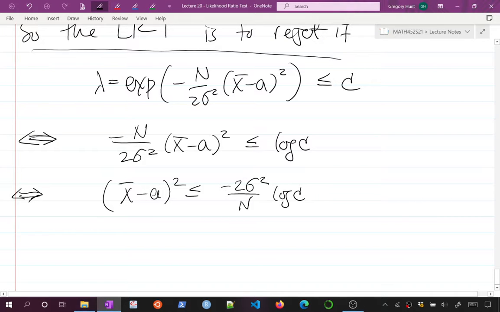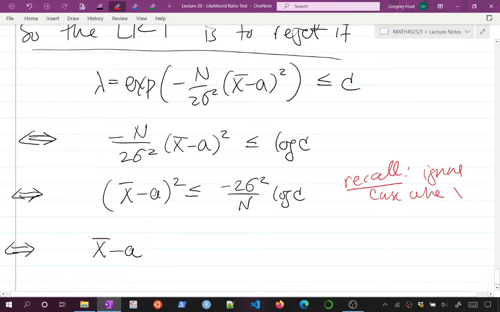So the LRT equivalently is to reject if x bar minus a squared is less than blah, blah, blah. Or equivalently, I could take a square root. Normally when I take the square root of a square, you have to have absolute value bars. But recall that I can ignore the case where x bar is less than or equal to a, because I'm never going to reject in that case.